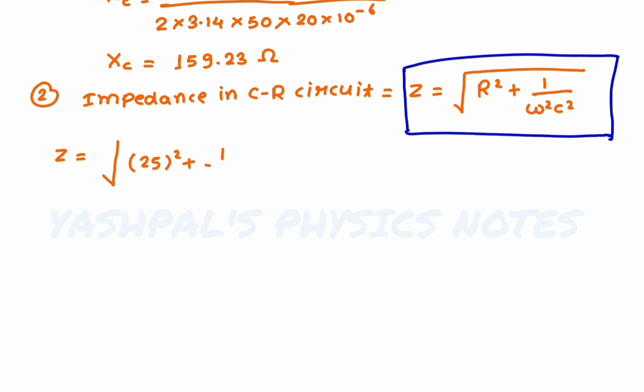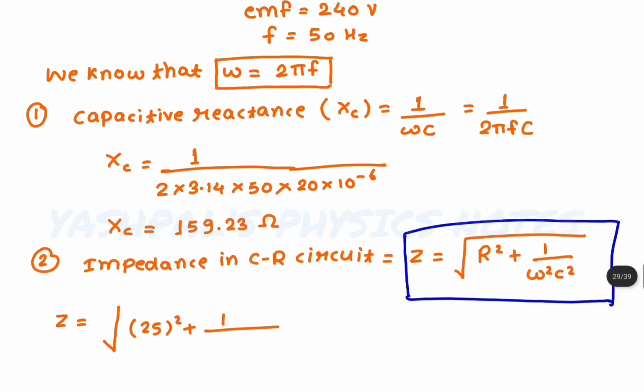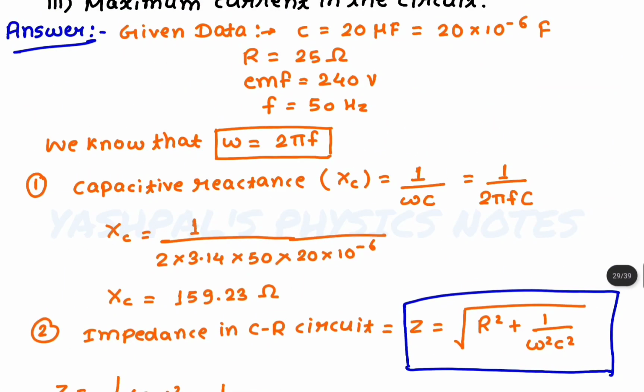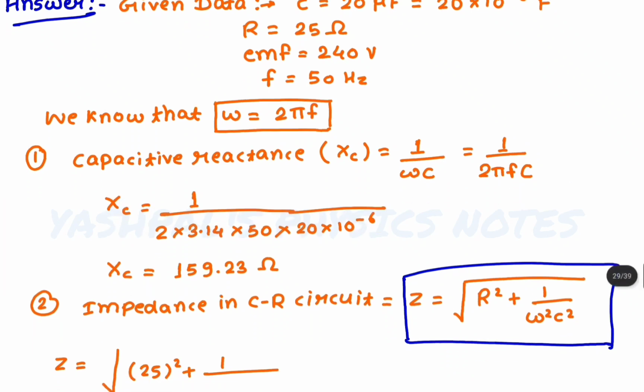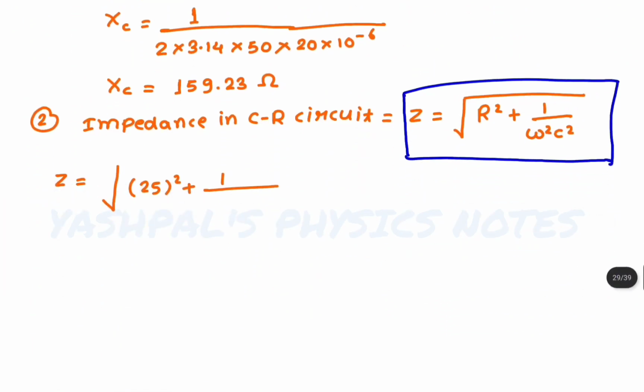Okay, next 1 upon omega. See here our data is given in terms of frequency, but our formula includes angular frequency, so that is 2 pi f. So here first of all I am writing 2 pi f whole square and then C square.